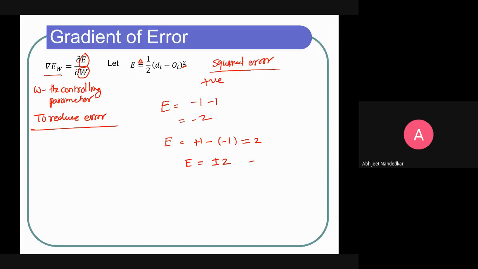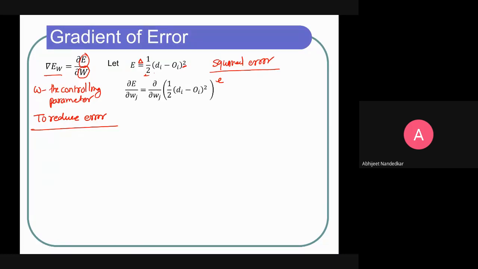We square this error so that whether the error is negative or positive, it counts as error. And the half is just for adjustment purposes.